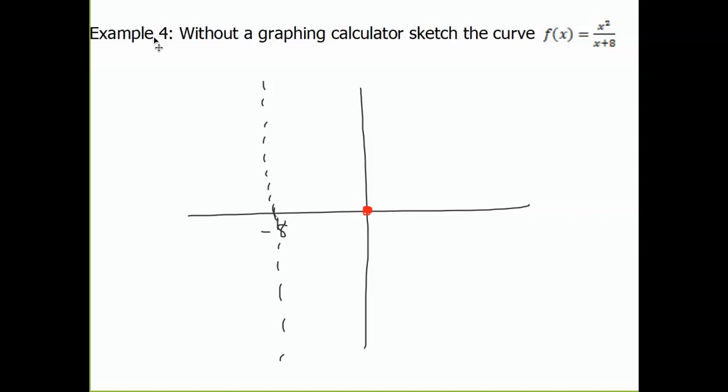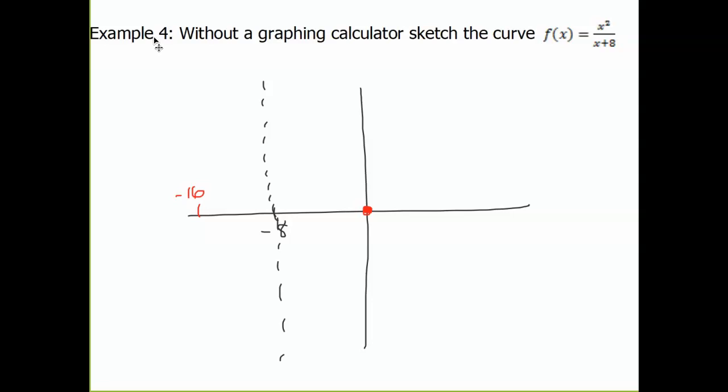We discovered it was concave down to the left of that vertical asymptote. We also discovered that it is going to have a max at -16. I'm going to make sure I have a -16 on there.